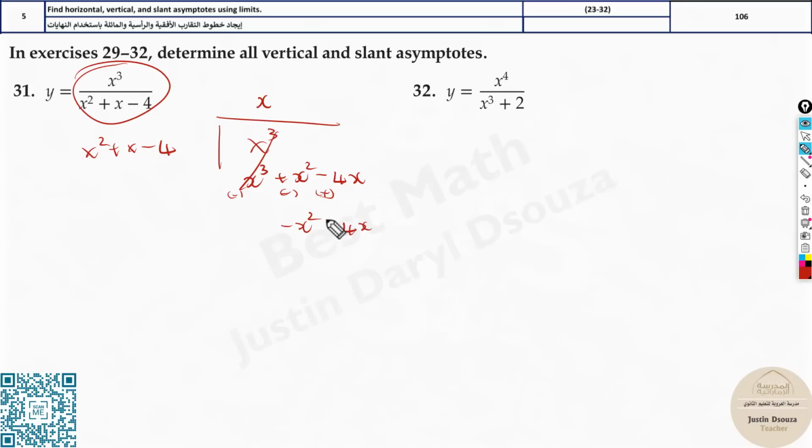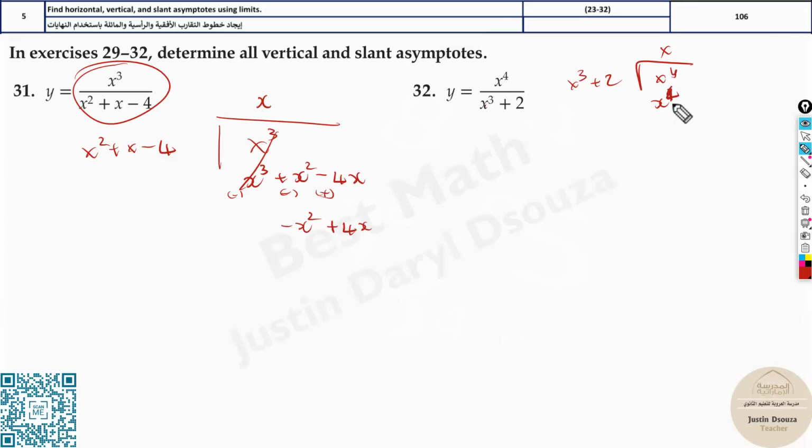Sorry, plus 4x. Now remember, this term exists. It's not directly the number. Why? Because if there were no middle terms, you can just tell the answer. See over here, x cube and then directly the number, right? There is no x square or x term. So when you solve it up here, directly you can tell the answer is x, because it will be x power 3 plus 0, 0, 0.